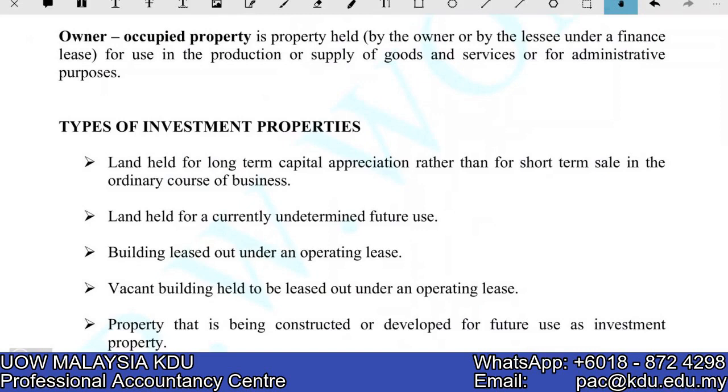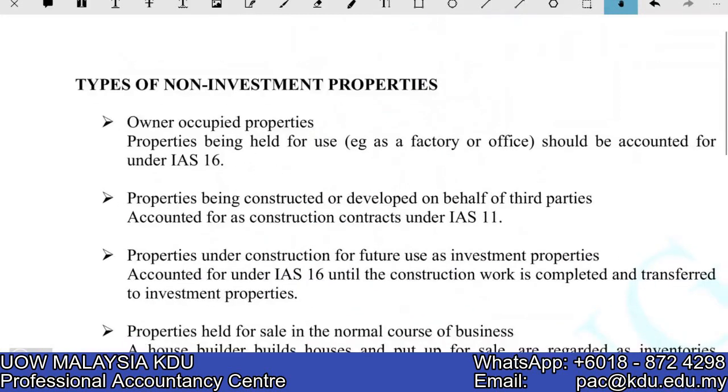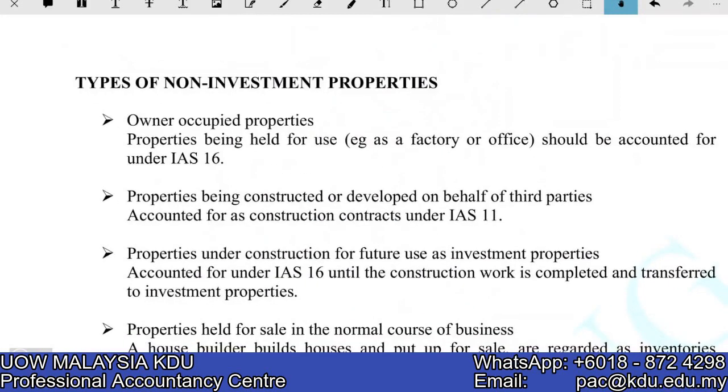Okay? So what is not investment property? If you look at the next page, types of non-investment properties. Owner-occupied properties. Remember, IAS 16, PPE. Properties being constructed or developed on behalf of third parties. These are under construction contract. So they are also non-investment properties. Or properties under construction for future use as investment property.